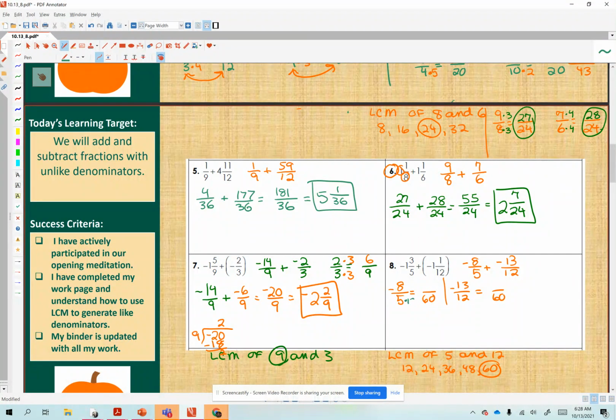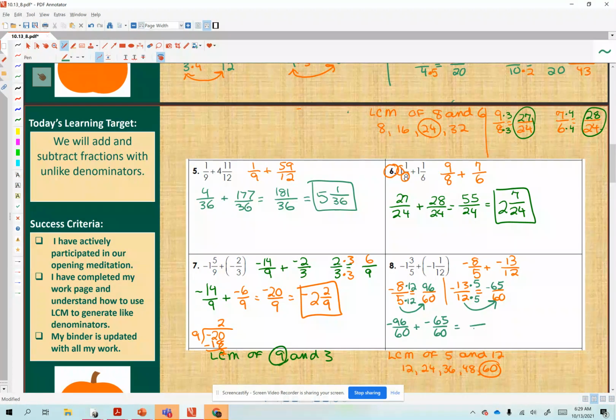Let's make those conversions to equivalent fractions with 60 in the denominator. 5 times 12 is 60. 8 times 12 is 96. 12 times 5 is 60. 13 times 5 is 65. So here are our equivalent fractions: negative 96 over 60 plus a negative 65 over 60.